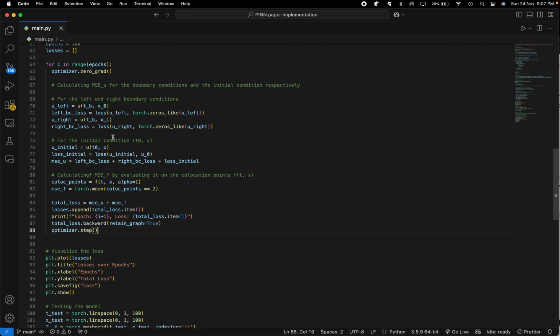Now, one disclaimer that I always want to give out: if you are doing this on a Google Collaboratory and you are passing retain graph equals true, these notebooks end up caching your stuff. Every single output and all the intermediate calculations get cached.